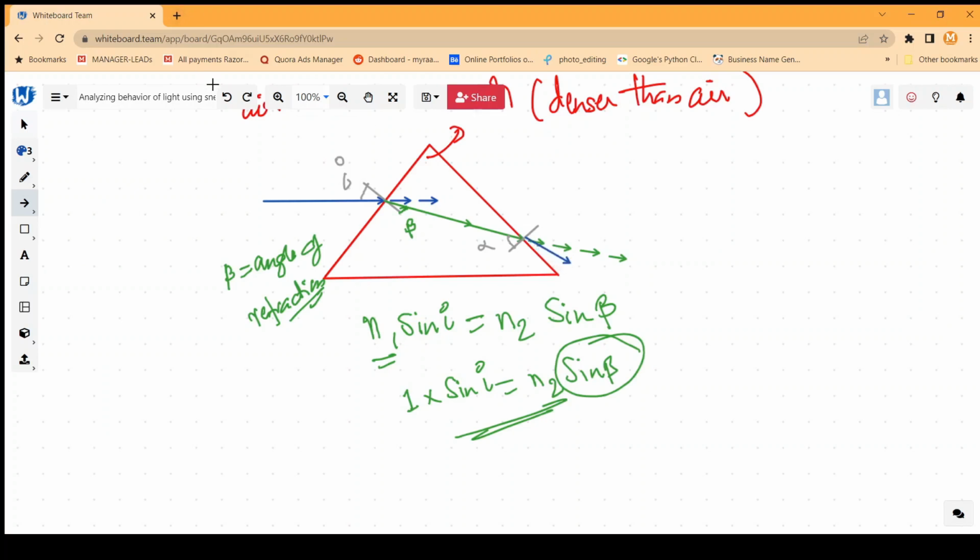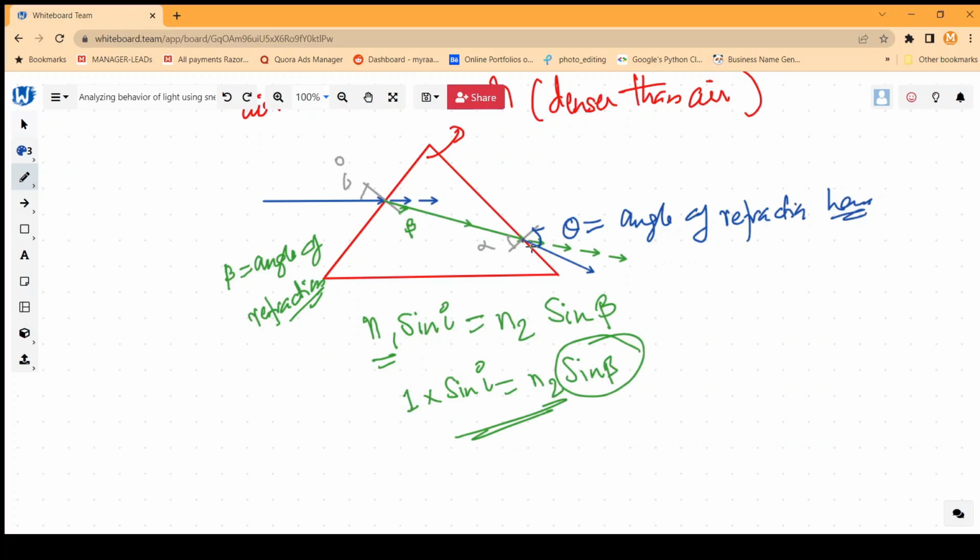So here, this one went away from the normal, and this angle now, theta, will be our angle of refraction here, right?